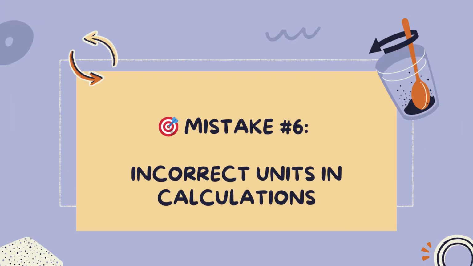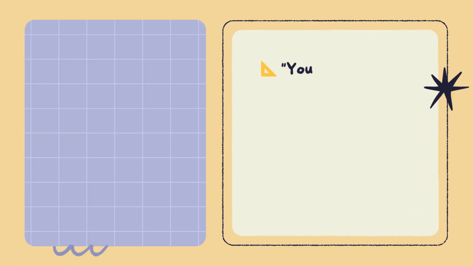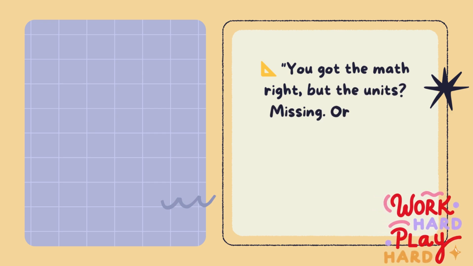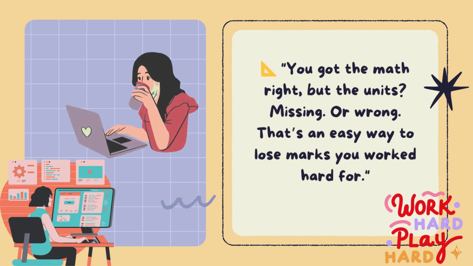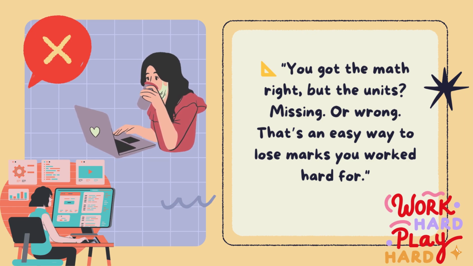Mistake number 6. Incorrect units in calculations. You got the math right, but the units are missing or wrong, that's an easy way to lose marks. You worked so hard to figure out how to calculate this moles question, but you lose 1 mark just because you did not write the unit or you wrote the wrong unit.